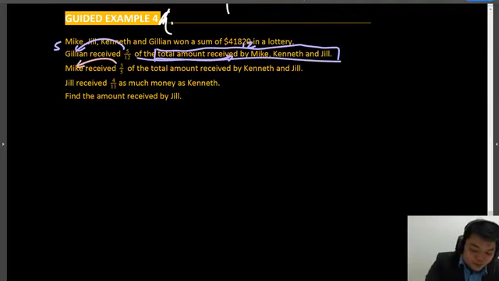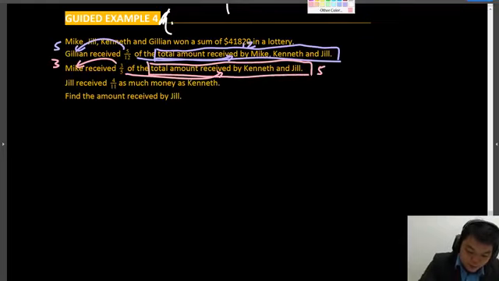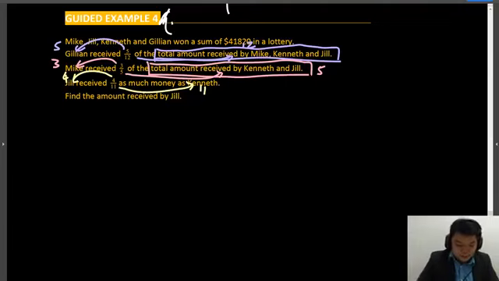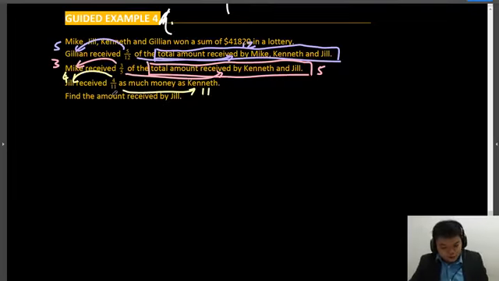So Mike received 3/5 of the total amount that was received by Kenneth and Jill. Next, Jill received 4 out of 11, as much money as Kenneth. Find the amount received by Jill.